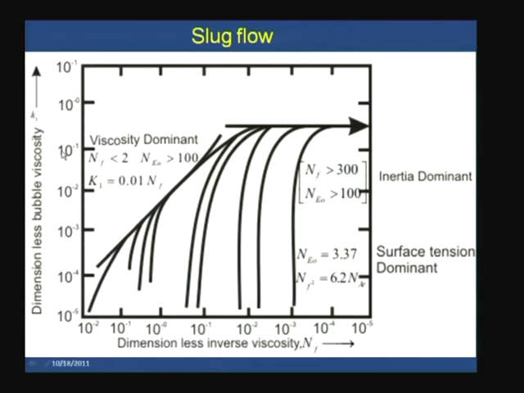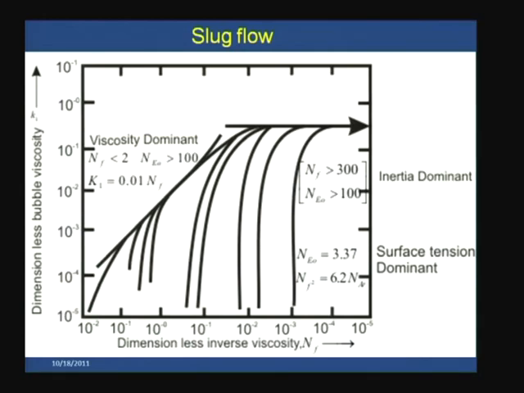Now, remember one thing, you can combine the different forces in different ways, and you can generate a large number of dimensionless groups according to your particular convenience. So, one particular way of generating and combining them is the one which I have shown.